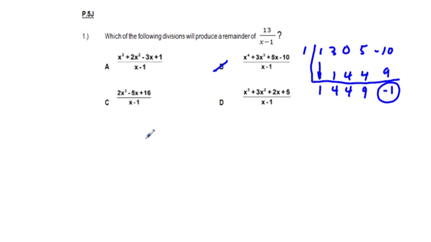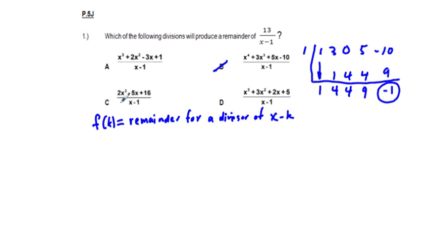We use something called the remainder theorem: f of k is going to be our remainder for a divisor of x minus k.